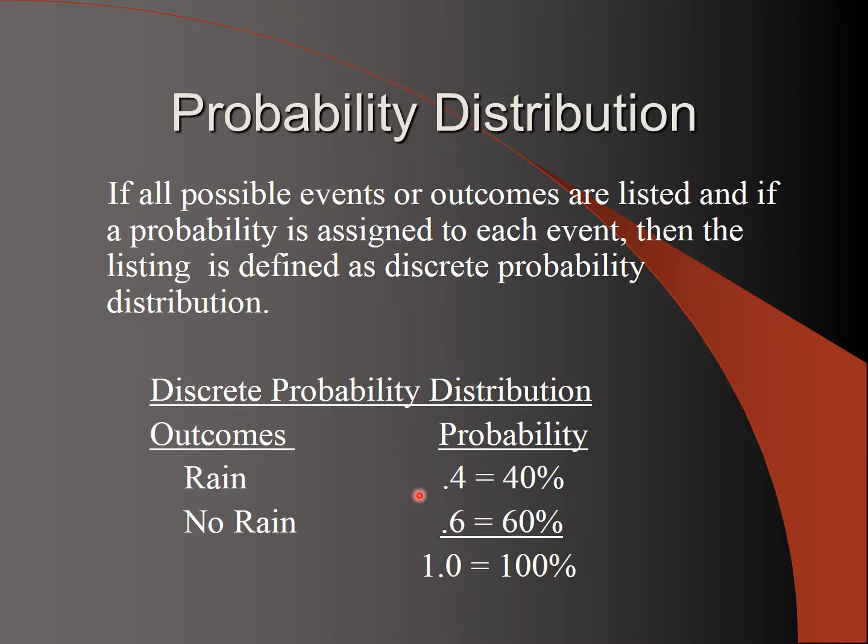And notice that the probabilities can be represented by decimal, in which case they have to sum up to equal 1 because you have to have all your outcomes there. Or they can be expressed in terms of percentage, and if that's the case, they have to add up to be 100%. So either one is fine.